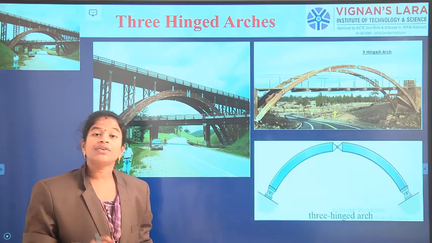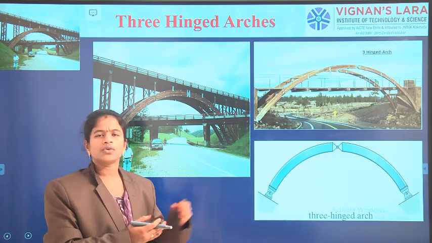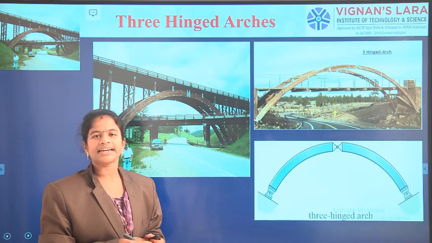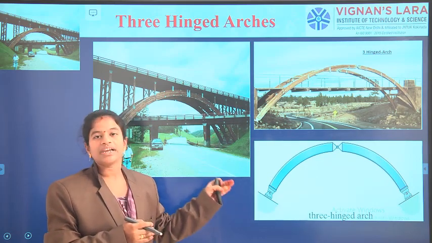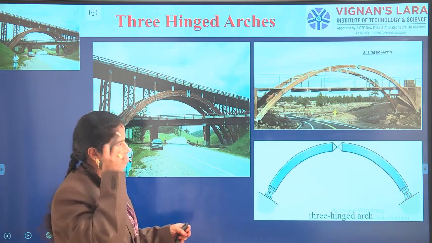So how we will get? I said I will get. Using these conditions, we can calculate like that. We are giving the statement. So with our steps, we will analyze that arch structure.